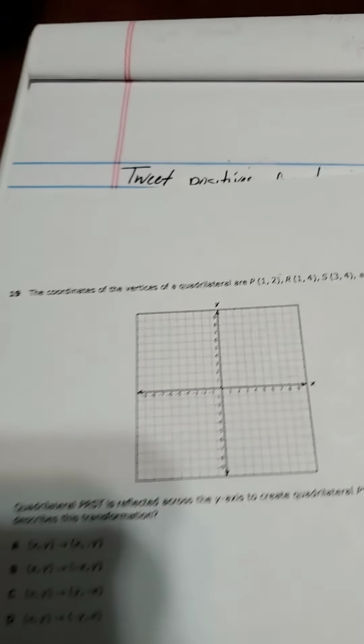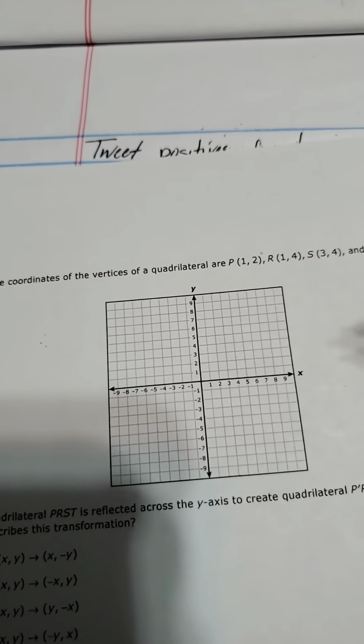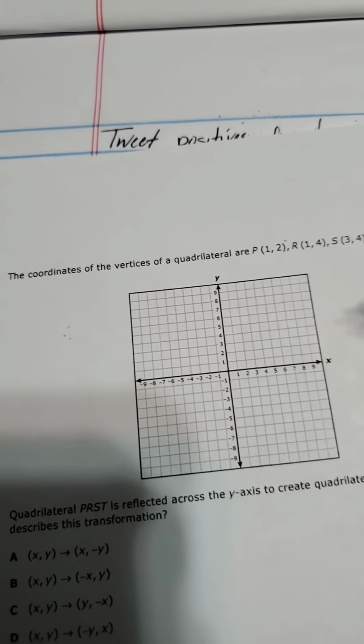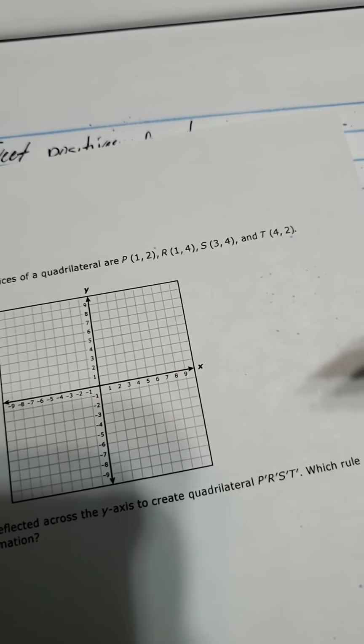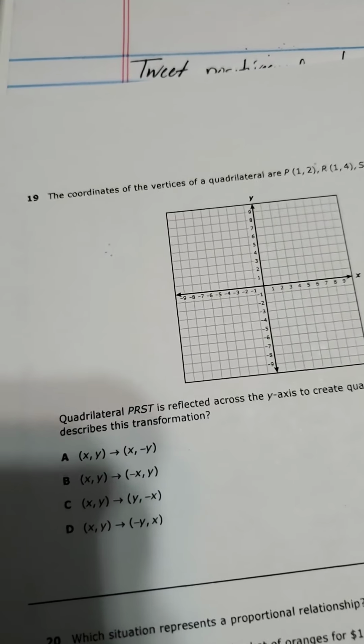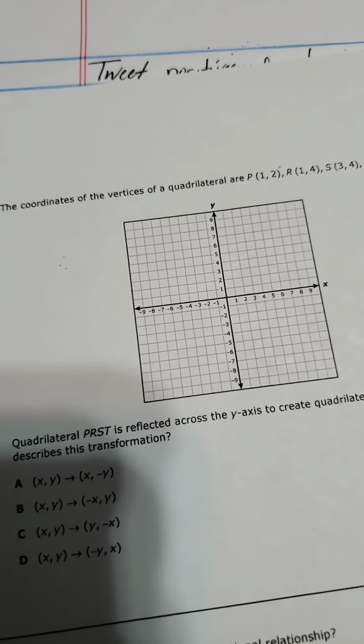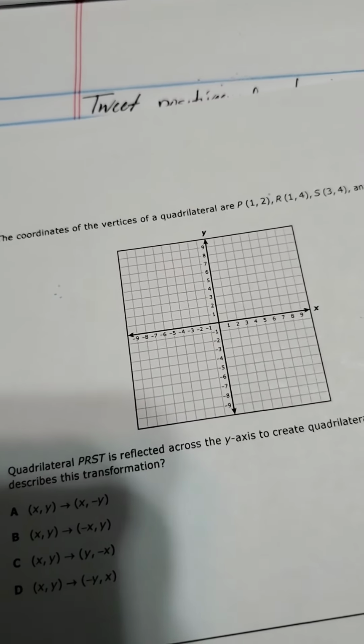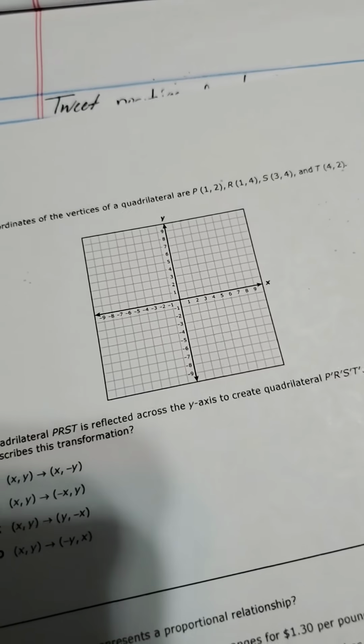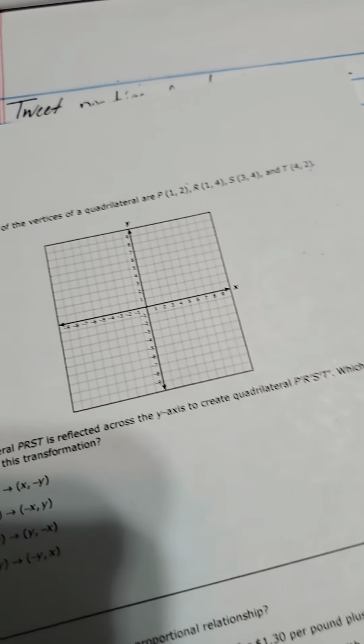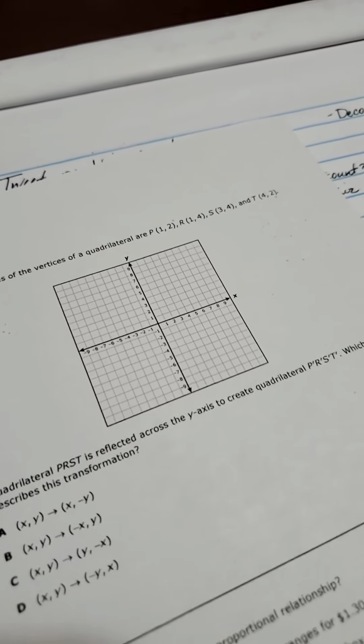19. The coordinates of the vertices of a quadrilateral are (1, 2), (1, 4), (3, 4), (4, 2). Quadrilateral PRST is reflected across the y-axis to create quadrilateral P prime, R prime, S prime, T prime. Which rule describes this transformation? Well, I don't actually have to plot anything down.